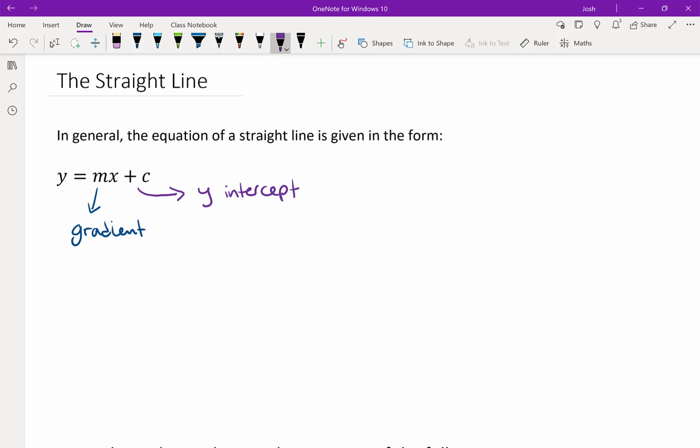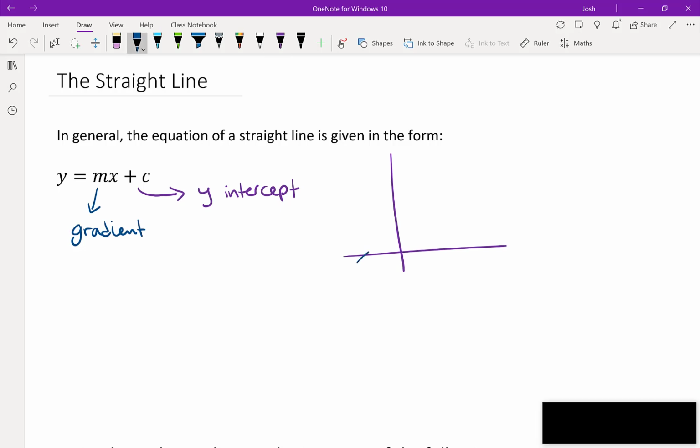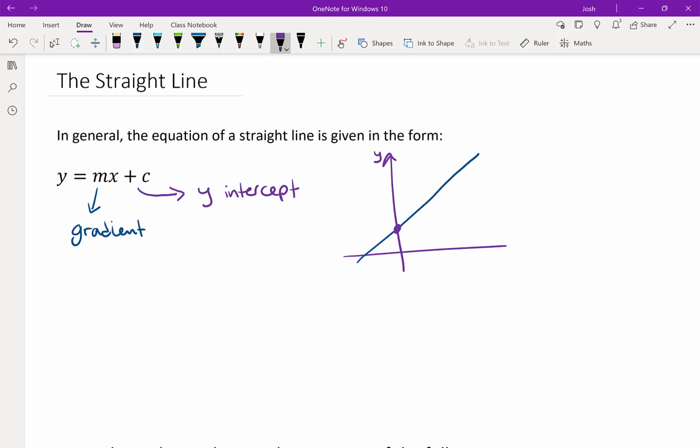Okay, and what do we mean by that? Well, if we were to draw out some axes, and we draw our straight line on it, then my y-intercept is that point there where it cuts the y-axis. So they're two pretty useful things, and from those two numbers we can tell a lot about the line, and we'll do that moving forward.